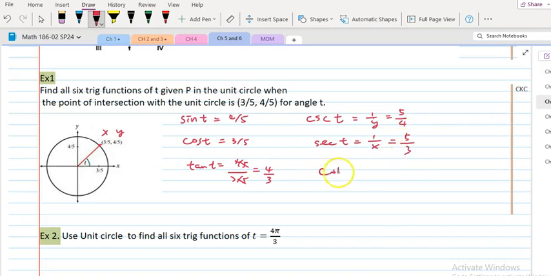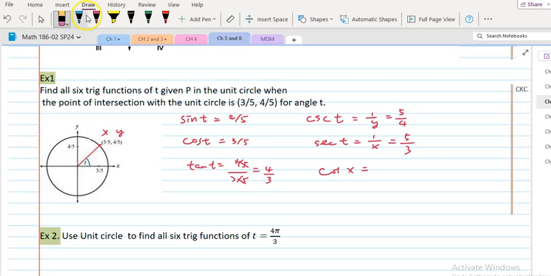And then cotangent t would be, x over y. What is y? Y is 4 over 5. And x is 3 over 5. Oh no, cotangent is not y over x. It's x over y.